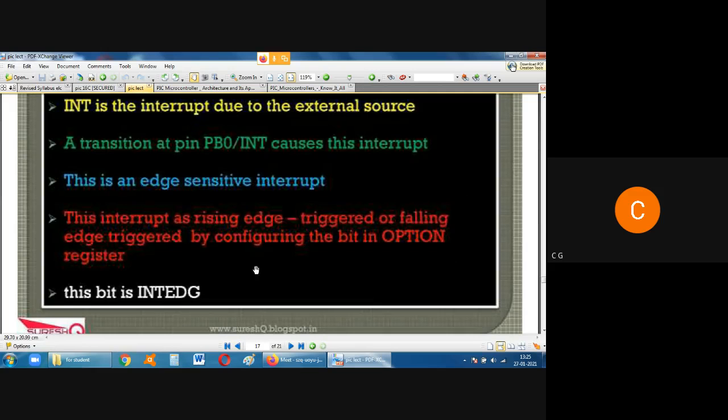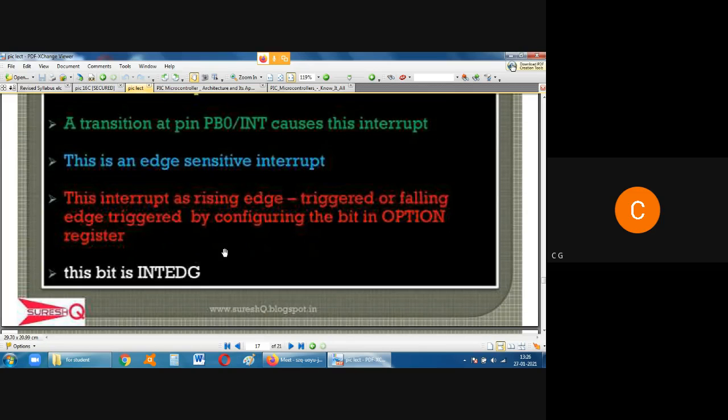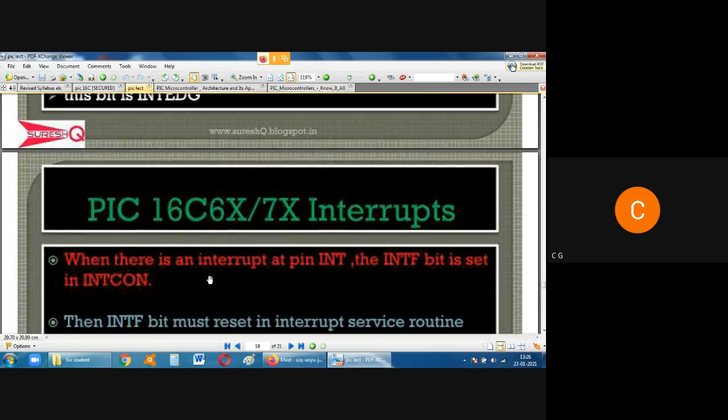So the main thing is that it is edge sensitive, but whether it is rising edge or falling edge has to be programmed in the option register. And the register associated to program this is also mentioned, INTG.